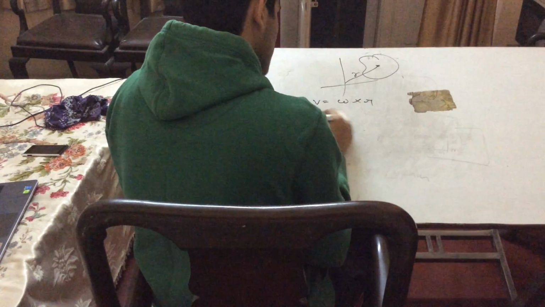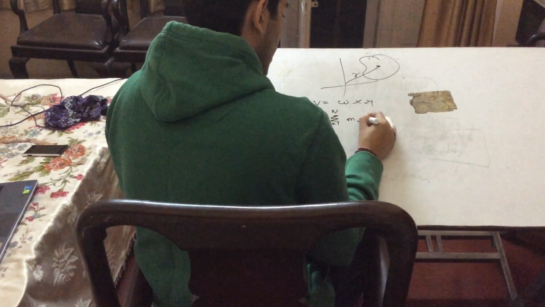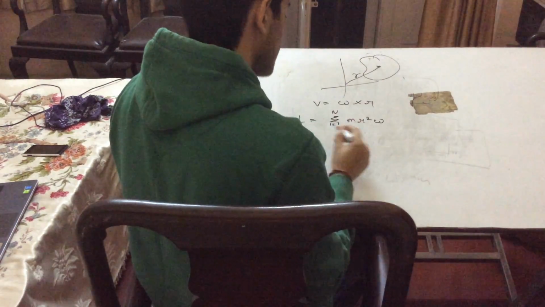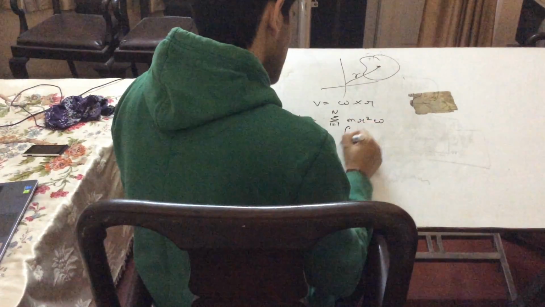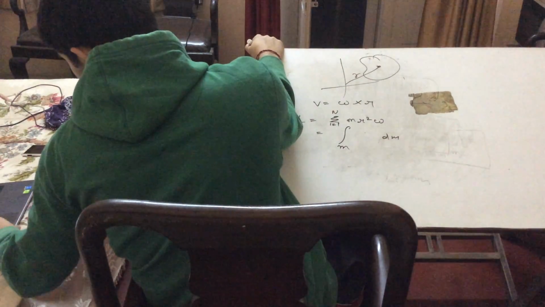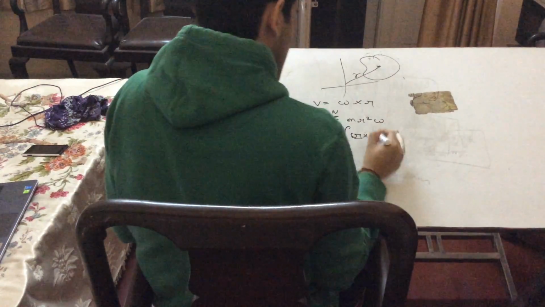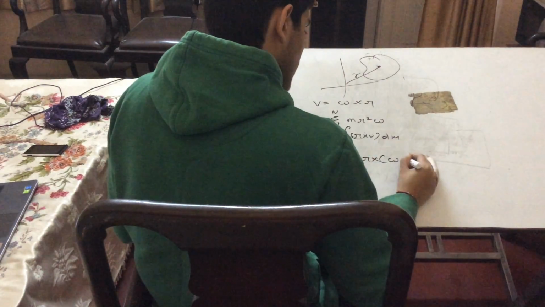Now we have L equals to sigma over i equals 1 to n of m r square omega, or since it is a continuous body, the mass will be continuous, not discrete, so it will be the integral over dm of r cross v. As v equals to omega cross r, we have m r cross omega cross r.